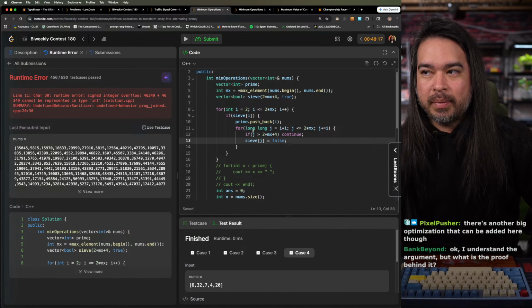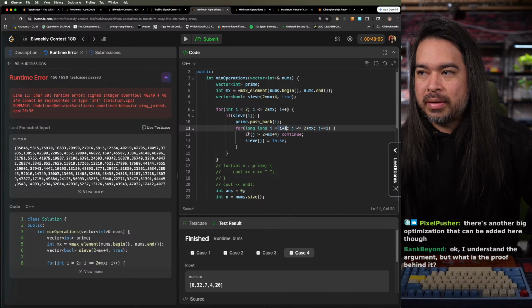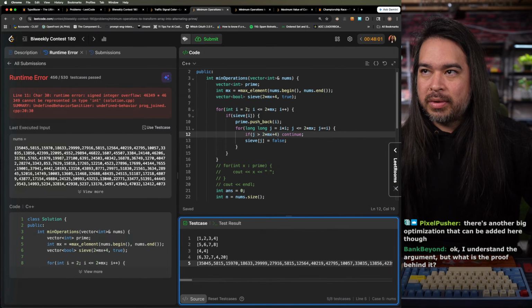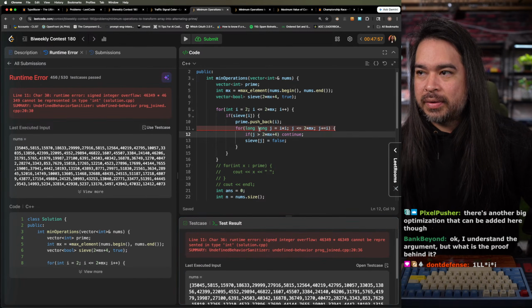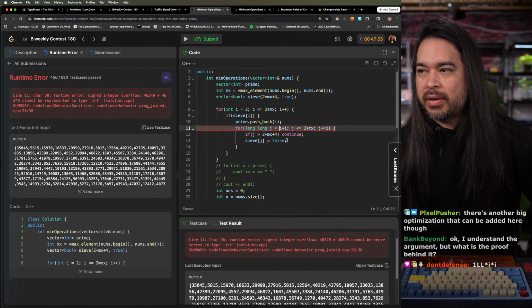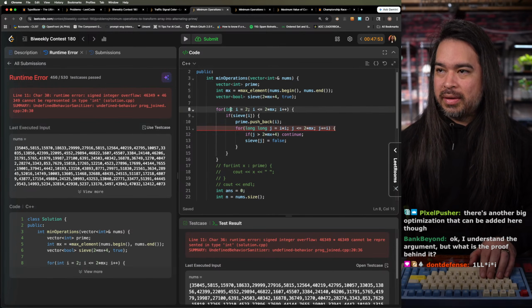But wait, I'm overflowing here because I suppose these could get really large. But I shouldn't. I should just need 1 right there, and then let me use that test case. Still overflows because these overflow.